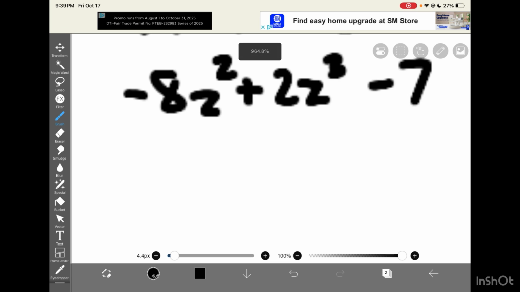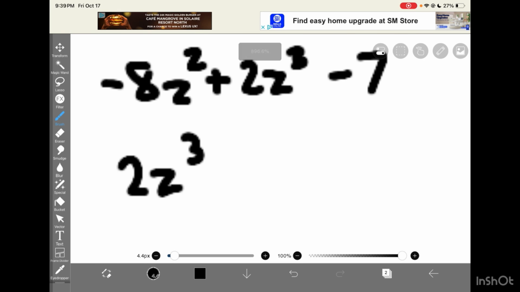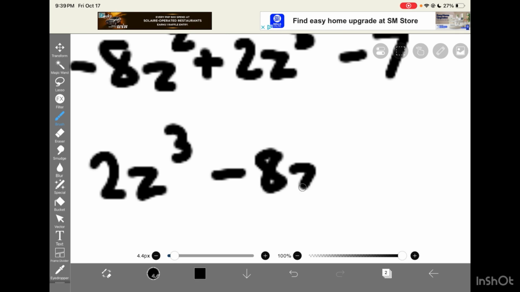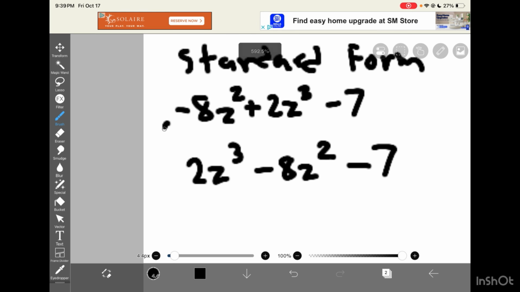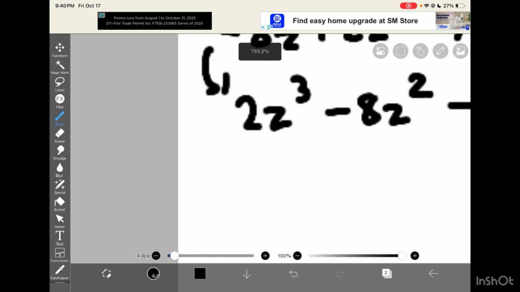That's 2z cubed, so put it at the front, then the second highest exponent, and so on. The second highest is negative 8z squared, so we can just attach it here. And then lastly, negative 7 stays at the end. So as you could see, it went from 2-3-0 to 3-2-0, so it should be descending order.